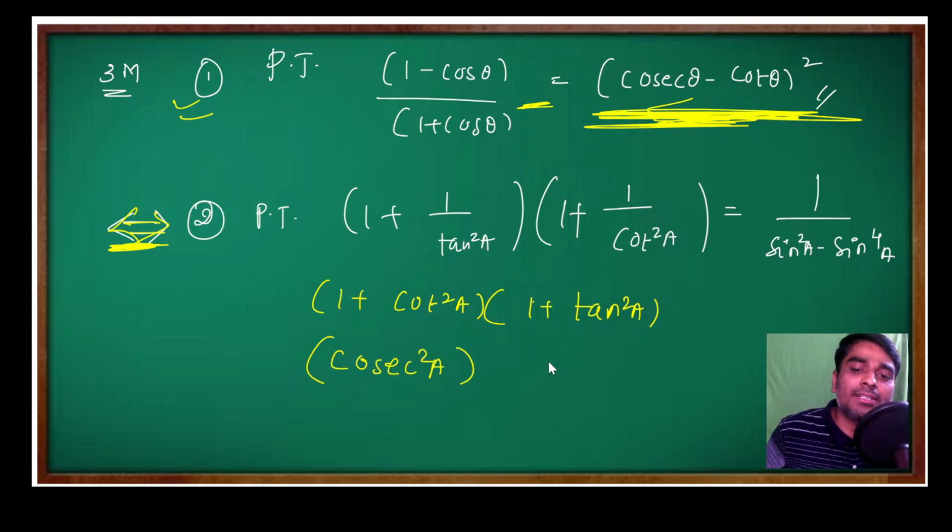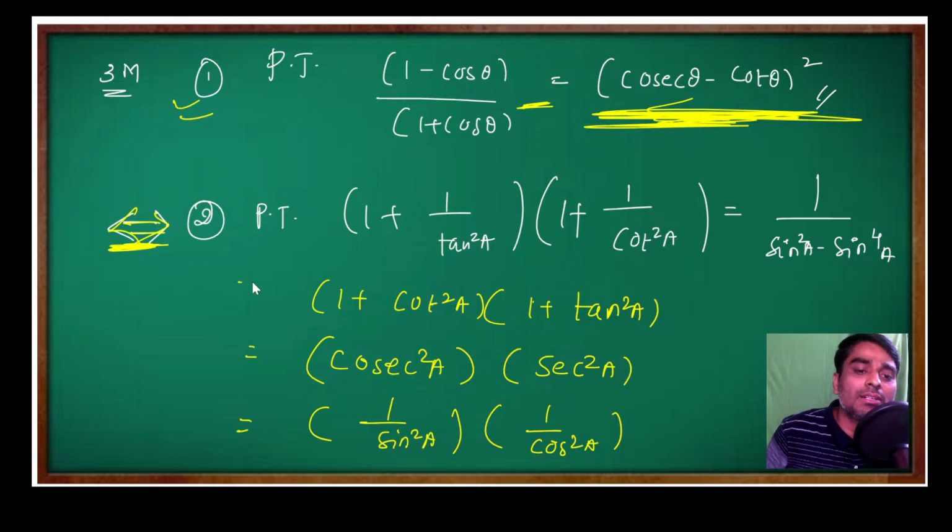Can I write this as secant square A? Can I write this as 1 by sin square A? Can I write this as 1 by cos square A? Following or not? Yes, I can write like this.